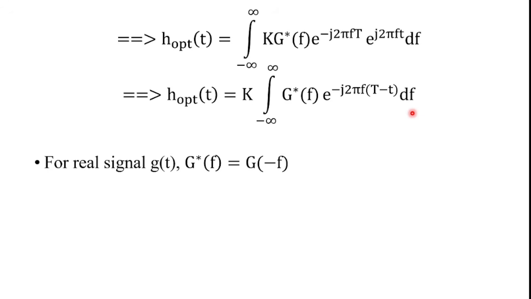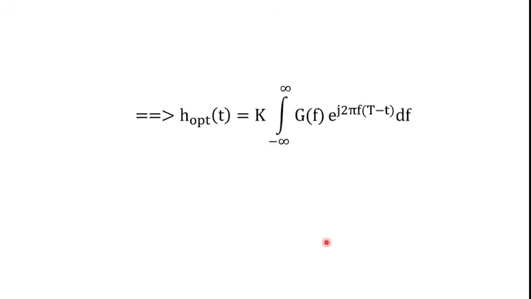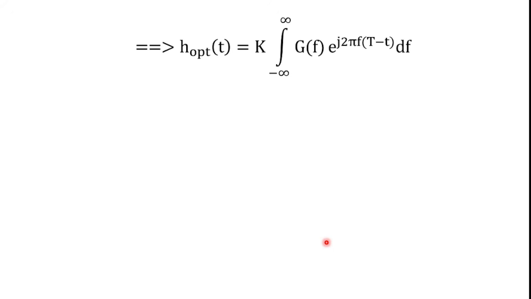For a real signal, G conjugate of f is equal to G of minus f, and applying this condition to the above equation, the optimum value of the filter is k into the integral from minus infinity to infinity of G of minus f into e power minus j 2 pi f into capital T minus small t into df. Now in this equation, minus f is replaced by f, and we get the optimum value of the filter as k into the integral from minus infinity to infinity of G of f into e power j 2 pi f into capital T minus t df.